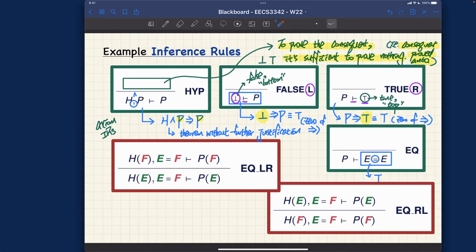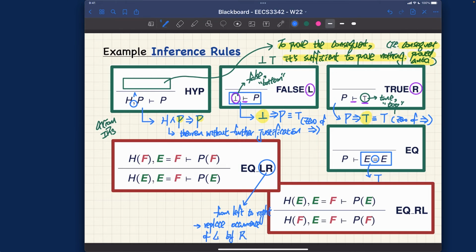When we say LR versus RL, what does that mean? That means we're going from left to right. Think about the way to interpret this as from left to right, or even more precisely, replace the occurrence of left by right.